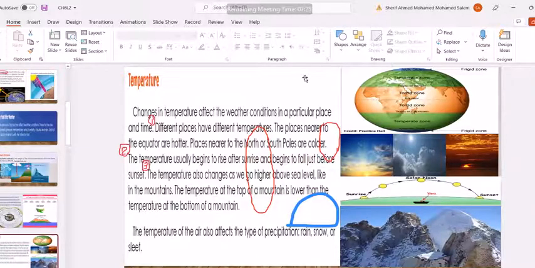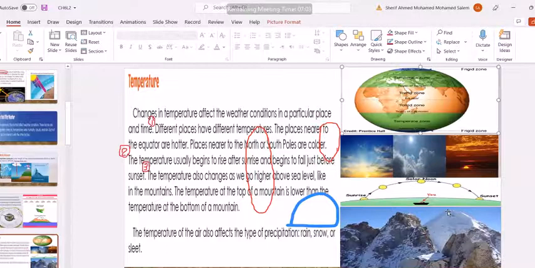Different places have different temperatures.